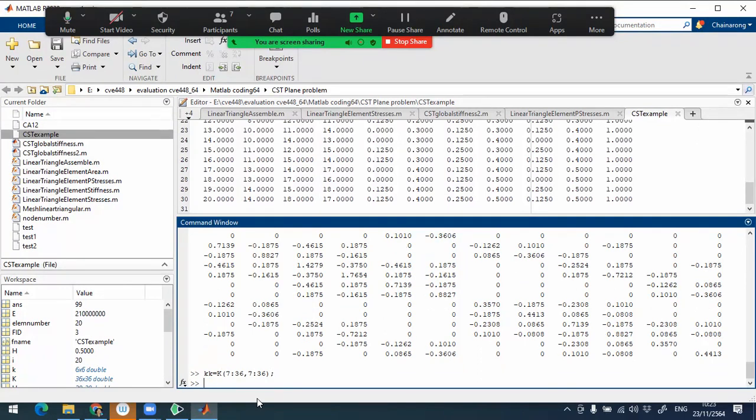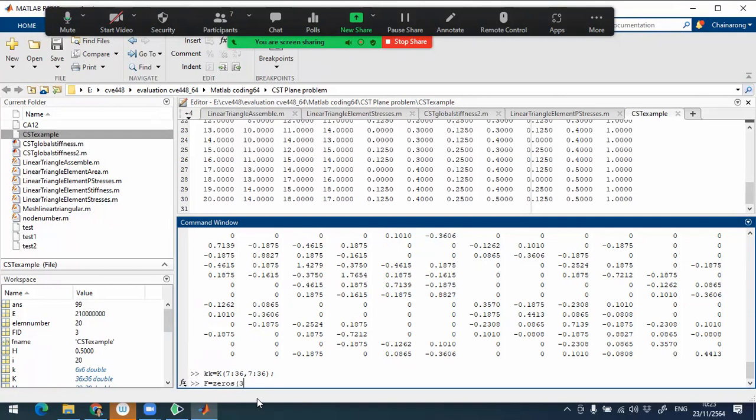Now we have the global stiffness after applying boundary conditions already, right? And then we identify the force vector. Okay, that is for the global one.